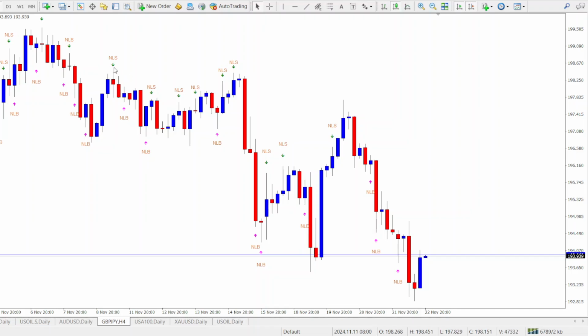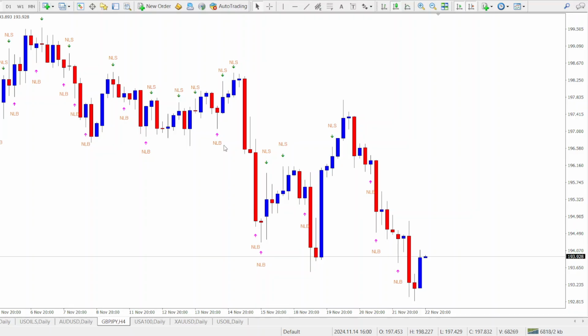The green color with the arrow pointing downwards gives a sell signal, while the pink color with the arrow pointing upwards gives a buy signal.